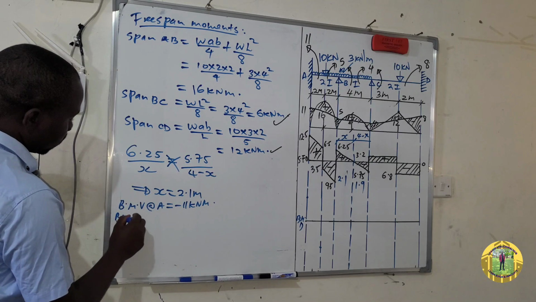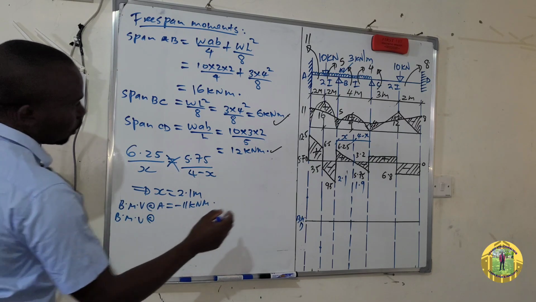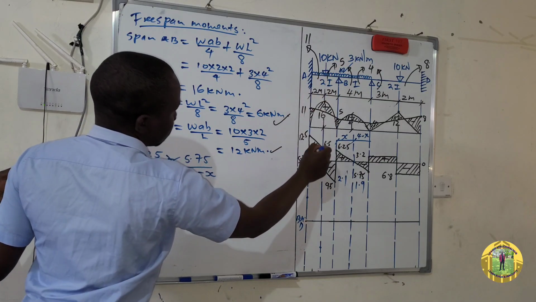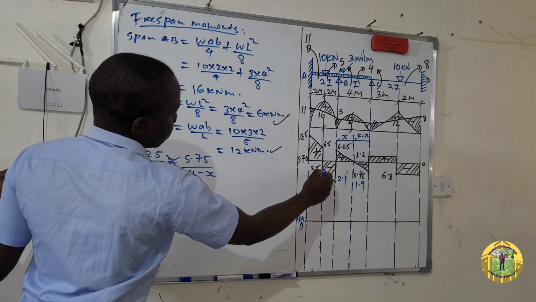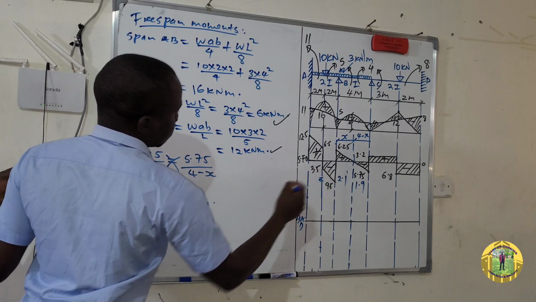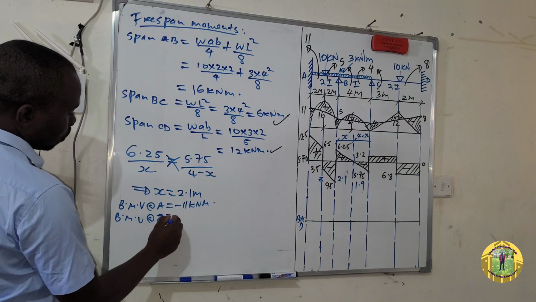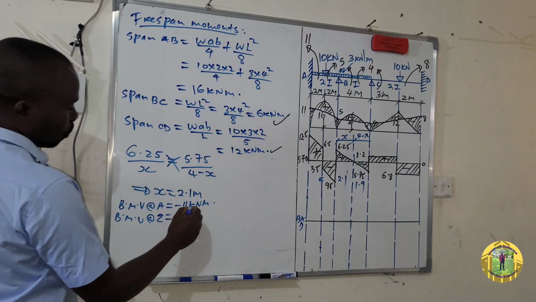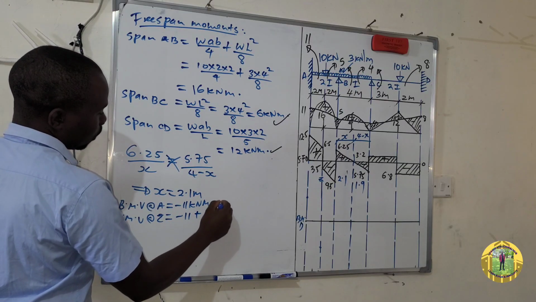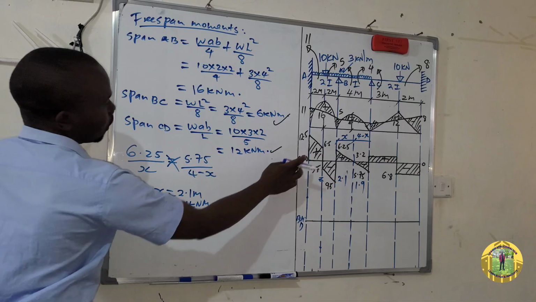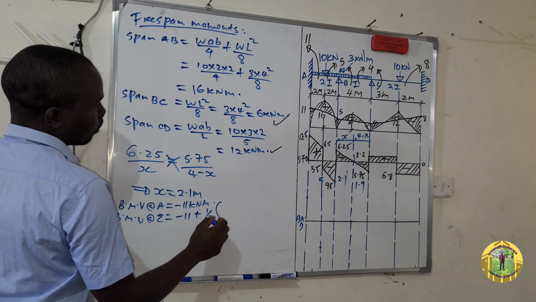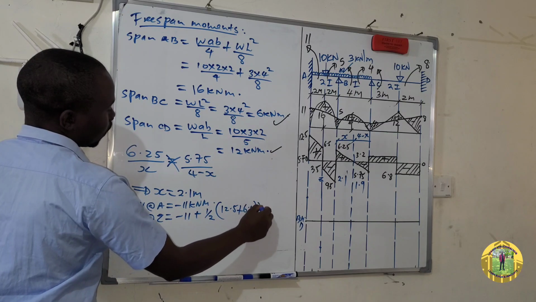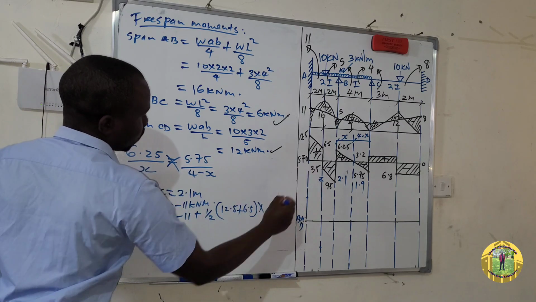Then bending moment value at this line where 10 kilonewton is acting, let's call it Y or Z. At Z will be negative 11 plus the area of this shaded region, plus a half A plus B, because this is a trapezium. So sum of two parallel sides is 12.5 plus 6.5, then times H. H is from here to here, this is 2.